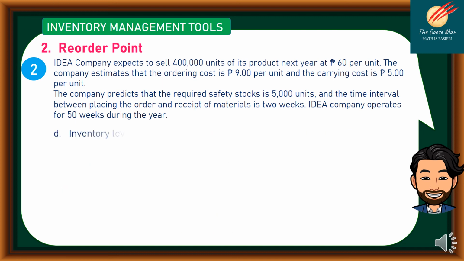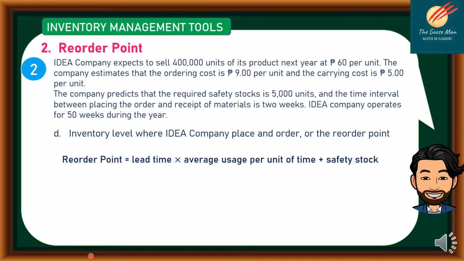Next, we want to find out the inventory level where IDEA company places an order, or the reorder point. Take note that the reorder point is equal to lead time times average usage per unit of time plus safety stock. Recall that the lead time is equal to 2, because the time between placing the order and the receipt of materials is 2 weeks.